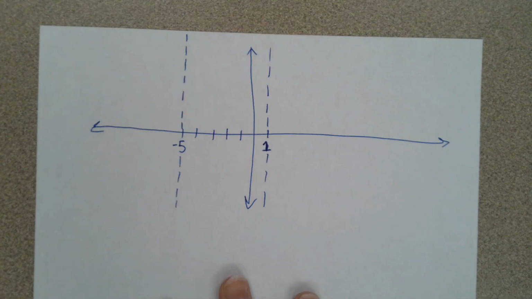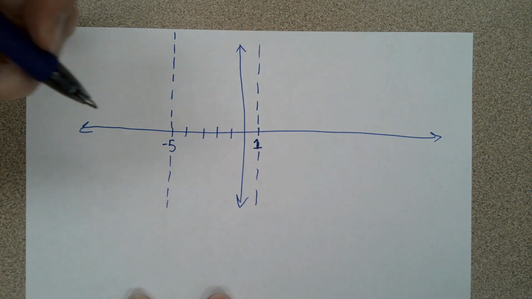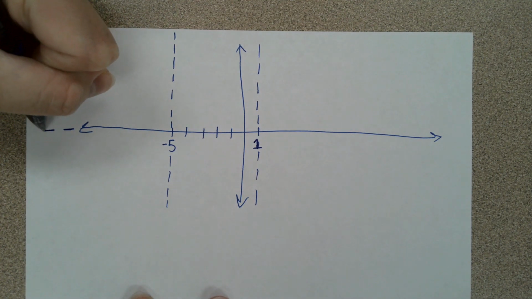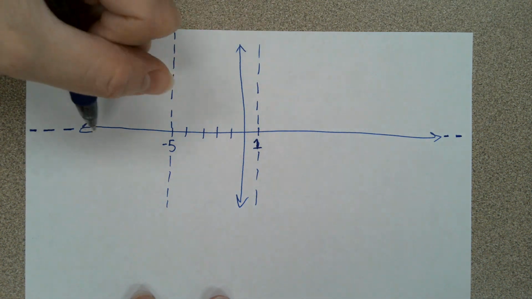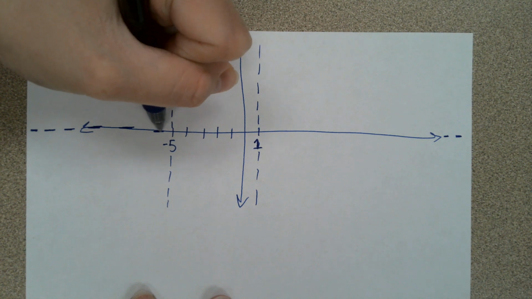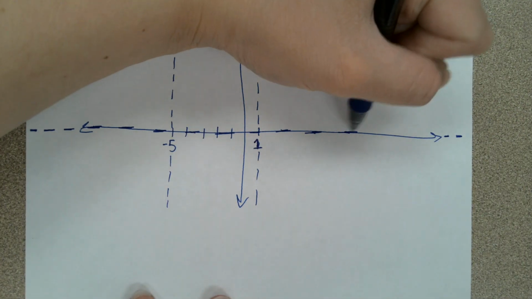And then our horizontal asymptote is at y equals 0, which happens to be the x-axis. So this is going to be difficult to demonstrate, so what I really do is emphasize the dashed lines after I draw the x-axis. You can go over it and darken it a bit to dash it if you would like to do that, but you don't have to.